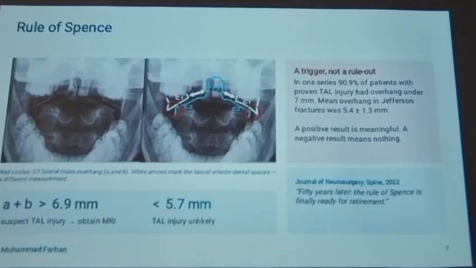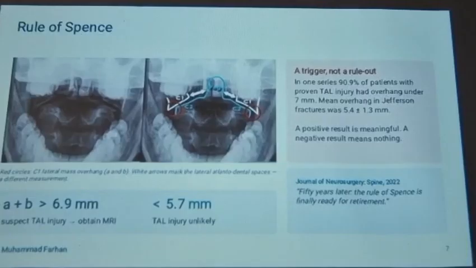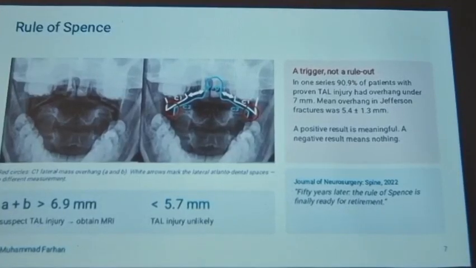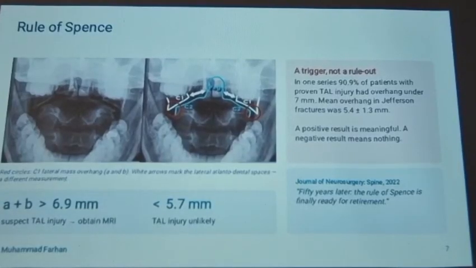Usually, if the collective overhanging distance of C1 is greater than 7 mm, or in some books 6 mm, we can say that transverse atlantal ligament injury is present.